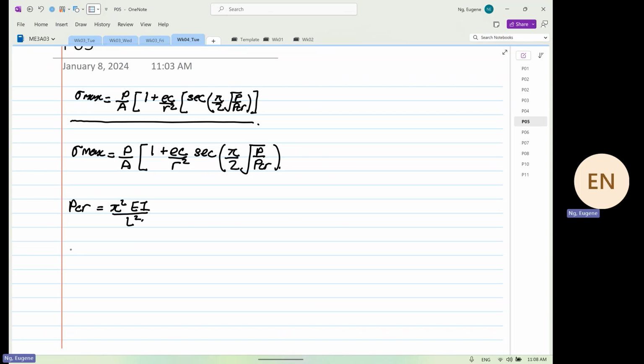Okay. So stress max is equal to P over A, 1 minus EC over R squared secant. We have pi over 2, and then we have square root P, and we're going to put P critical is pi squared EI over L squared.